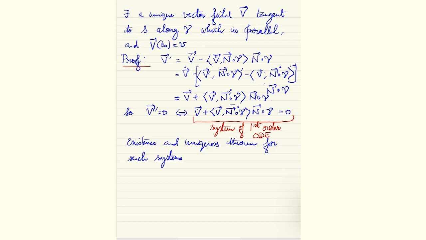gives us that there is a unique vector field along the curve satisfying the equation.